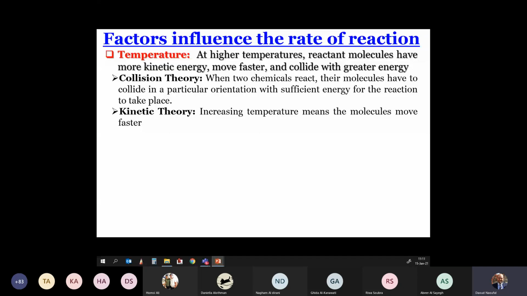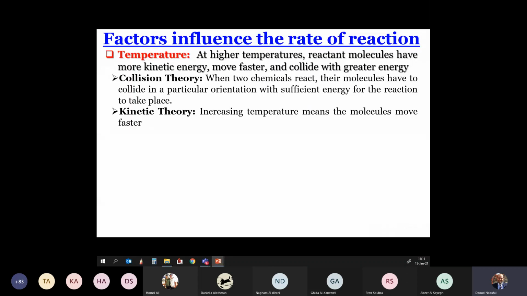So what is the reason for this? When we increase the temperature, the reactants will absorb energy as kinetic energy, so the reactants will move faster. Therefore, we will have greater collision between the reactants, and the rate of the reaction increases.